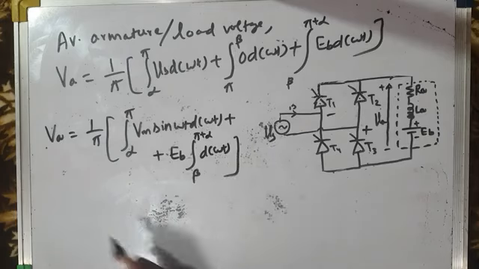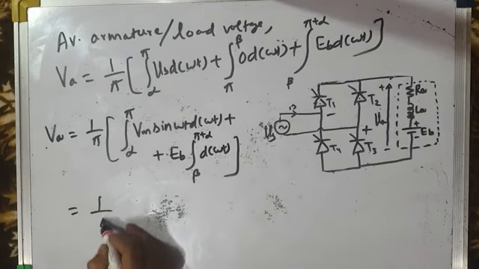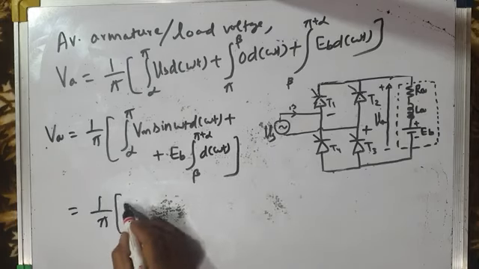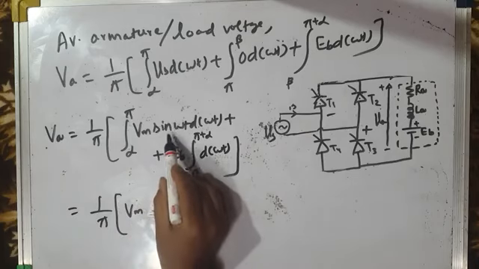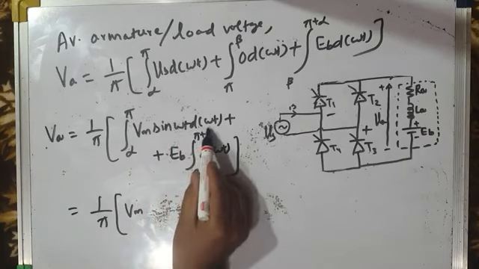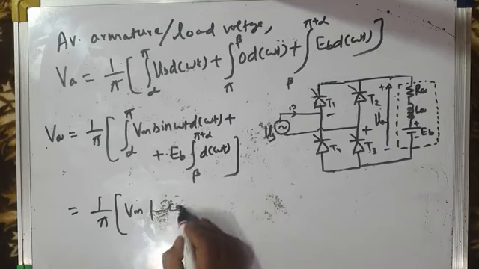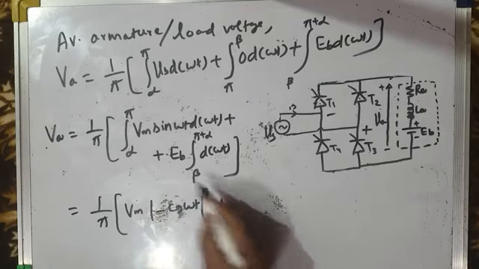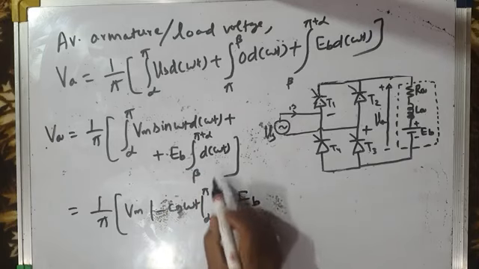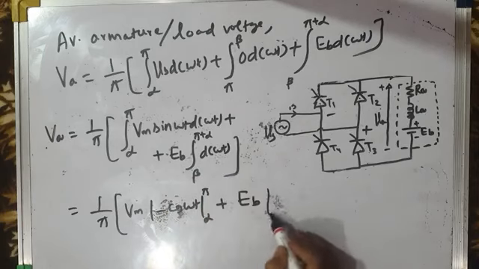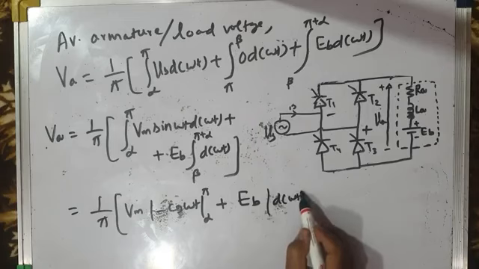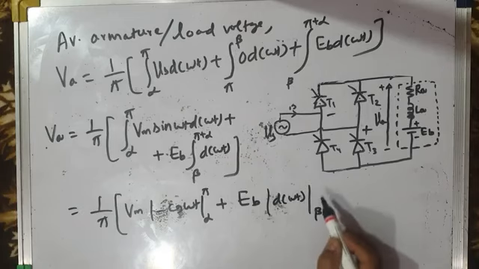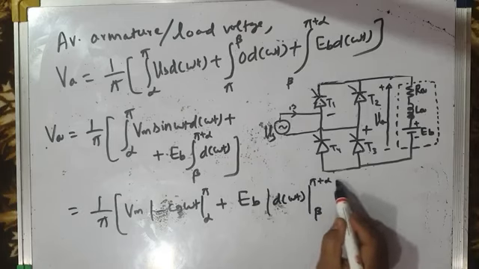Taking Vm outside, the integration of sine omega t is minus cos omega t with limits alpha to pi, plus EB outside, the integration of d omega t is omega t with limits beta to pi plus alpha.